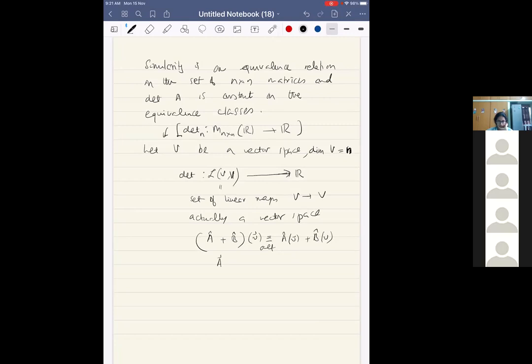Given A hat and B hat, you can compose them, A hat composed with B hat, a linear map whose value on v is, by the definition of composition, this: you first apply B hat to v, and then you apply A hat to that.